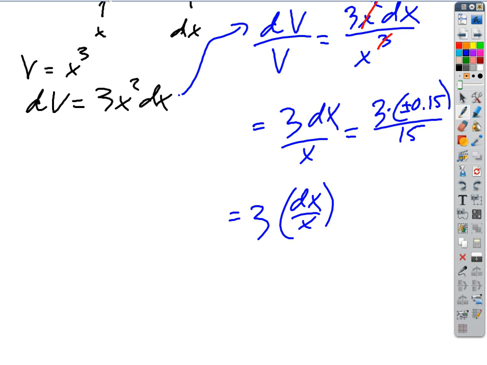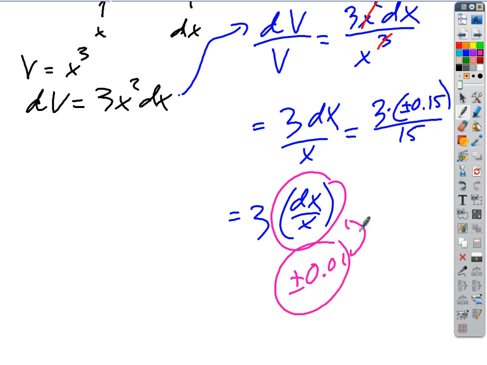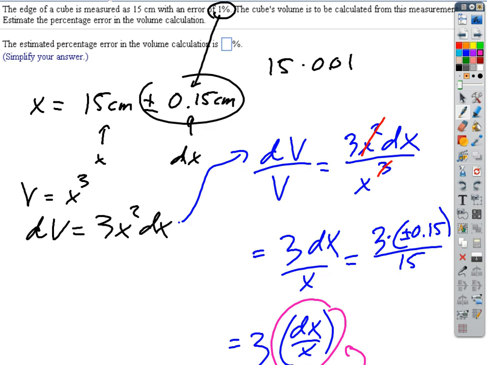Because of this statement right here. That is dx over x, isn't it? Because it's the relative error in measuring x. So dx over x. Well, you got to multiply it by 3. So it'd be plus or minus 3%. But you see, we could also do it this way.